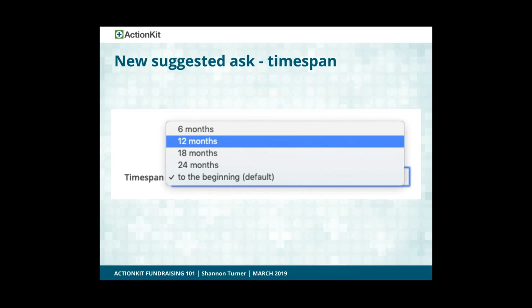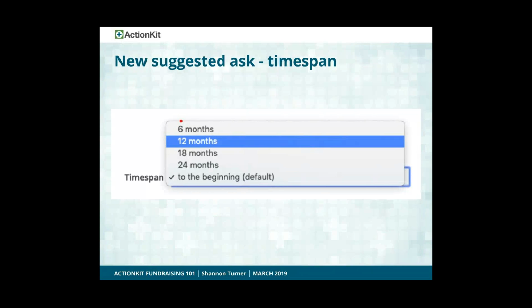Similarly, you can also take a look at the time span of when you want to look at those donations. Should we look at all of the donations that they've made in the last 12 months? Should we look at all of the donations that they've made ever? Or maybe just donations in the last 6 months are relevant.